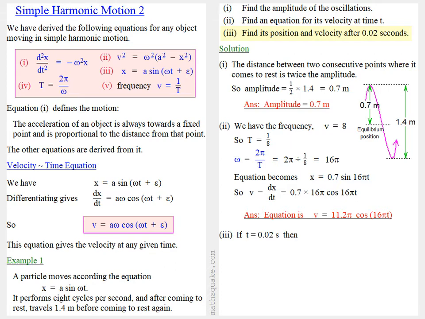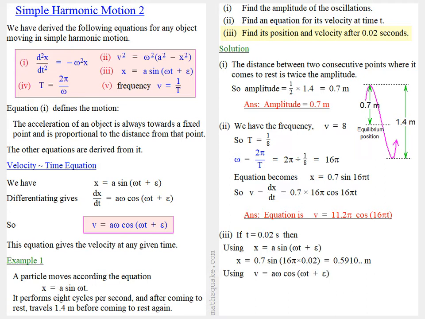Well, to find its position we can substitute t as 0.02 seconds in the equation x equals a sine(omega t plus epsilon). So we have x equals 0.7 sine(16 pi times 0.02), which works out to be 0.5910 meters.